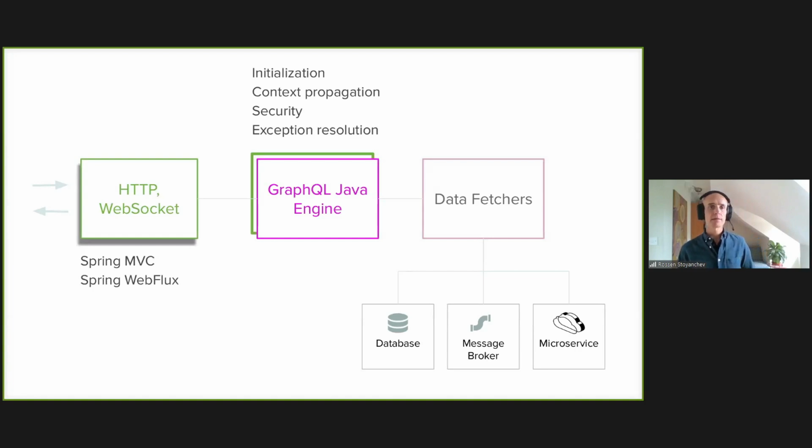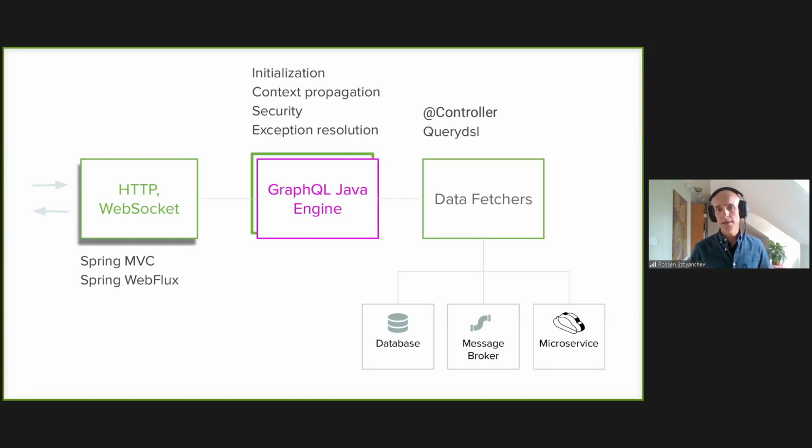Then beyond that, we have support for initializing the GraphQL Java engine, kind of bootstrapping everything. We have support for context propagation from the web layer to the data layer, which is important for things like security. We have support for exception resolution.